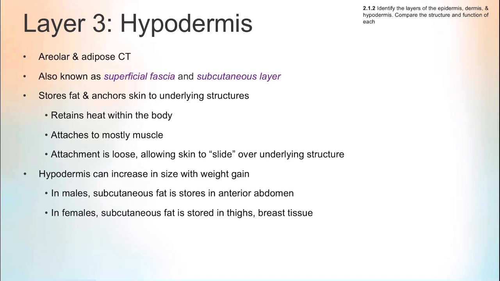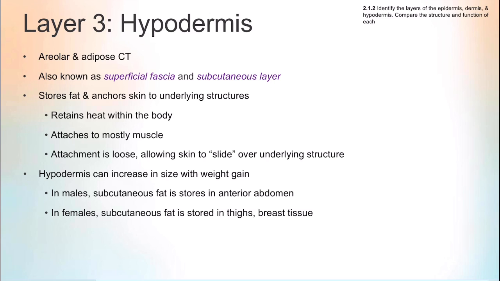Our hypodermis can increase with weight gain and weight loss. This is going to primarily occur in two regions based on male or female. So in our males, our subcutaneous fat is going to primarily occur in the anterior abdomen. So that's going to be areas like a little beer belly.